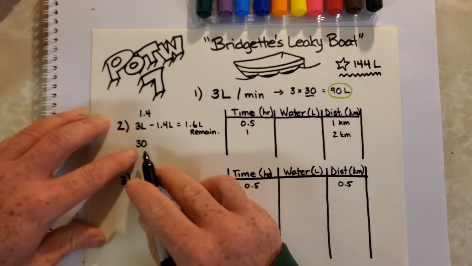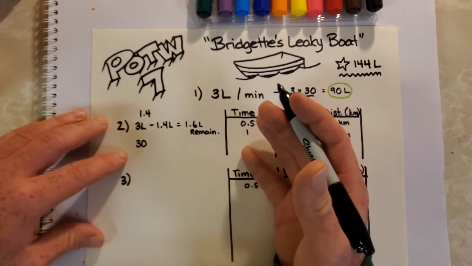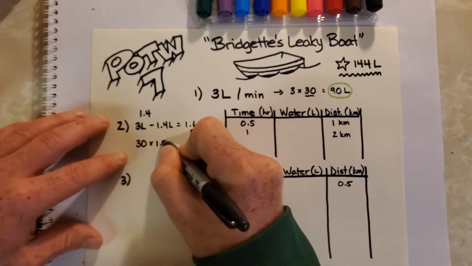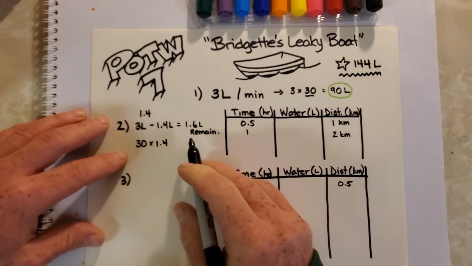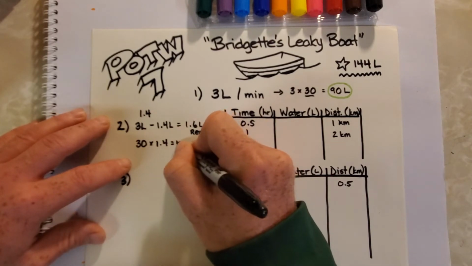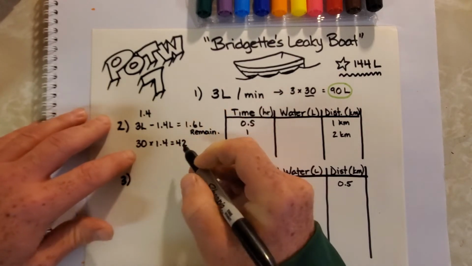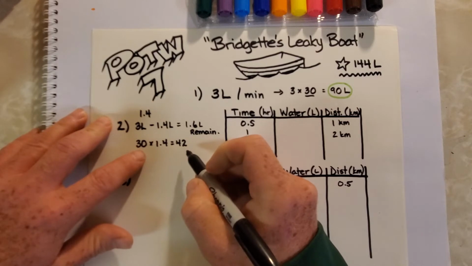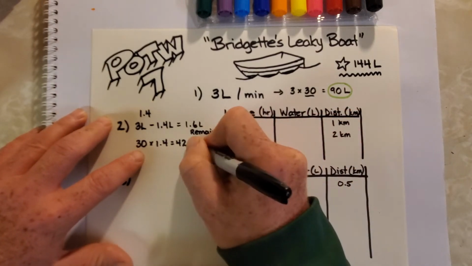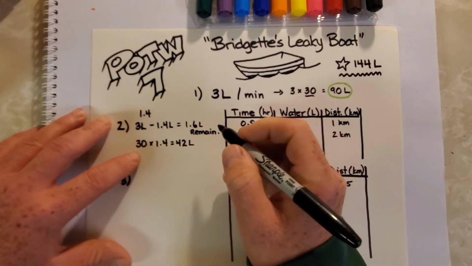So if I times it by 30, that's going to tell me how much she's taken out in 30 minutes. So 30 times 1.4, I am left with 42. So in 30 minutes, Bridget is removing 42 liters of water.